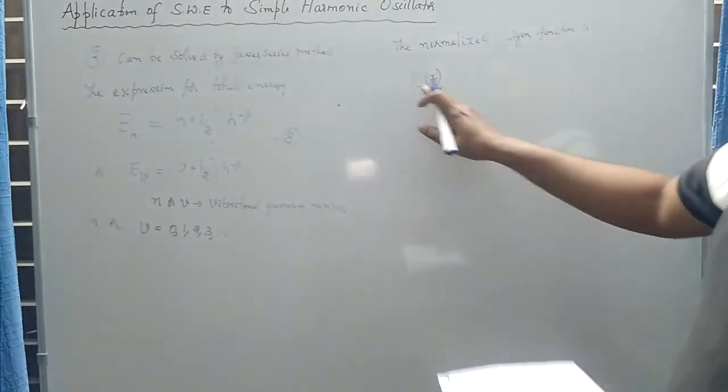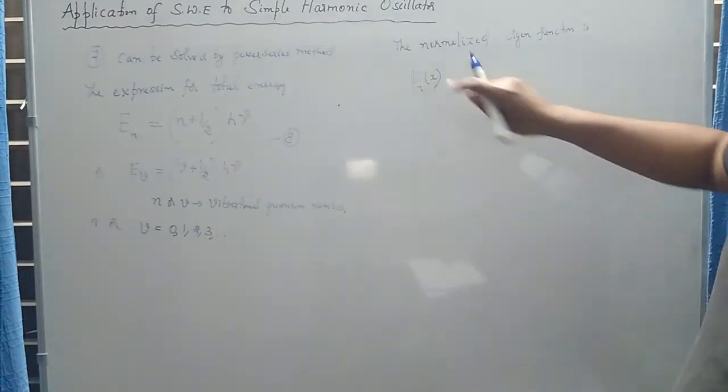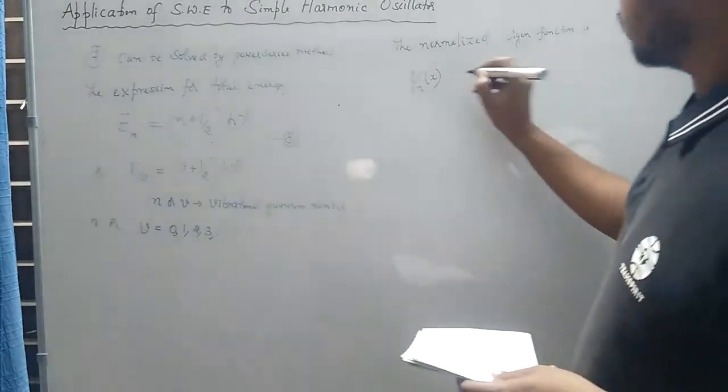That is, the wave function depends on n, the value of the vibrational quantum number, and it also depends on the position of the particle.